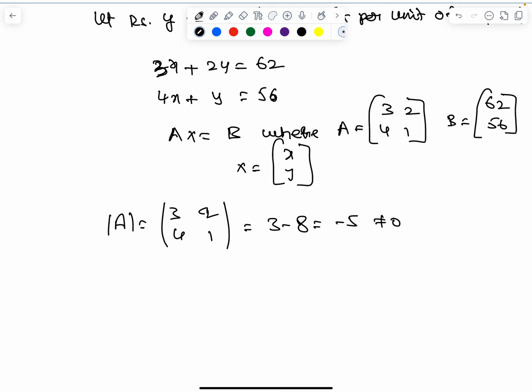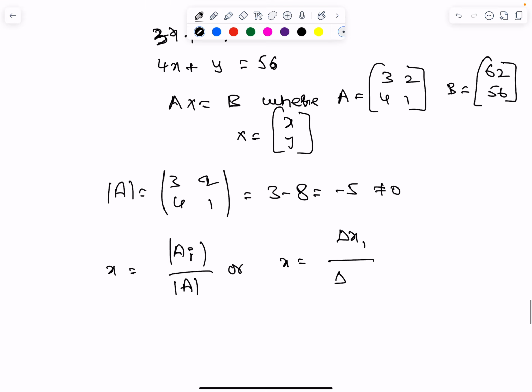What is the value of x? x is equal to determinant of A_i divided by determinant of A, or x is equal to del x divided by del, where A_i is A with the ith column replaced by the elements of B. For x, the first column of A is replaced by the elements of B, and the other places are unchanged.